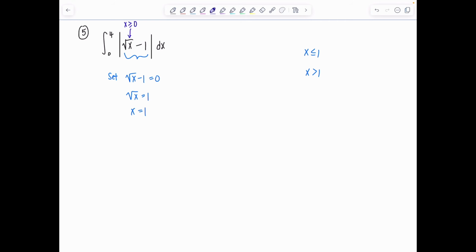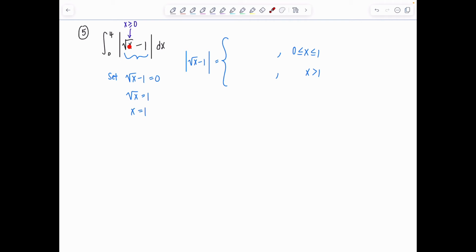So if I say x is less than or equal to 1, that's cool, but don't forget to add on the other side, it also has to be greater than or equal to 0 for this to make any sense. Okay? Good.